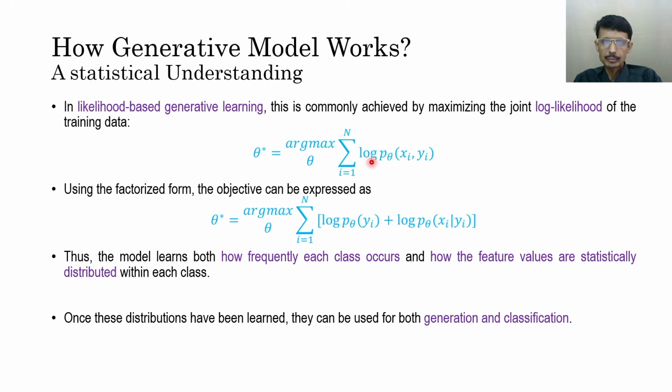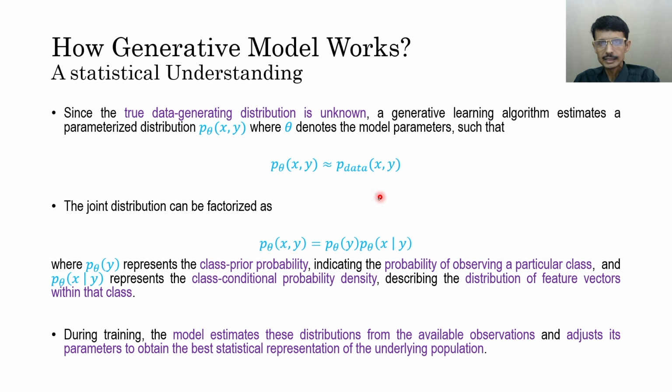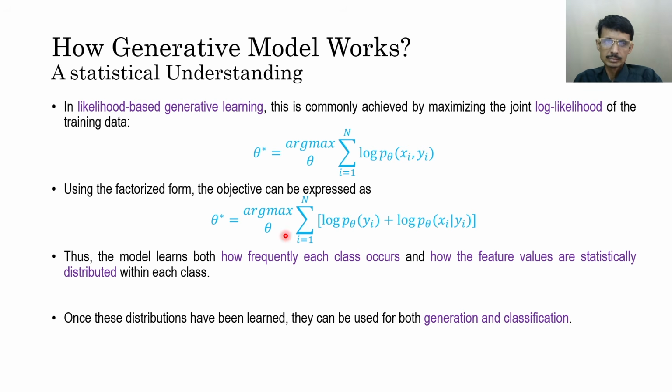We put a summation and a log here because a summation is much easier to handle, so we sum from 1 to n, where n is the number of samples, of log p theta (xi, yi). Now, we can factorize it as we have seen here: p theta (x, y) is p theta (y) times p theta (x given y). So this factorizes into the class prior probability and the class conditional probability density. We can just write it here, so the factorized objective can be expressed as this.